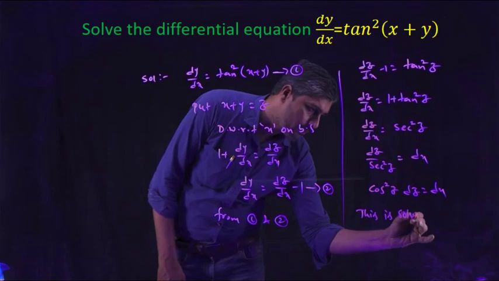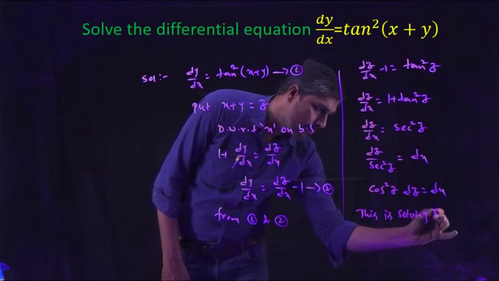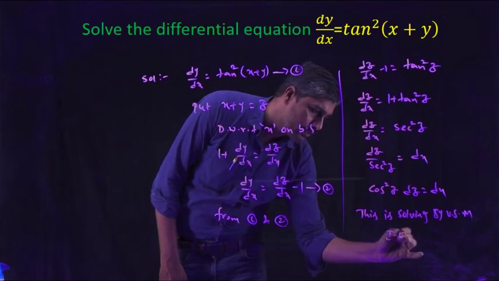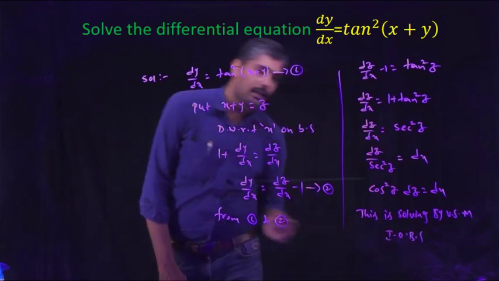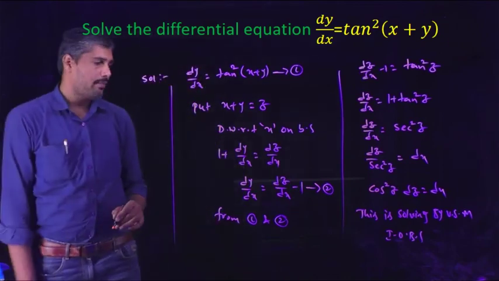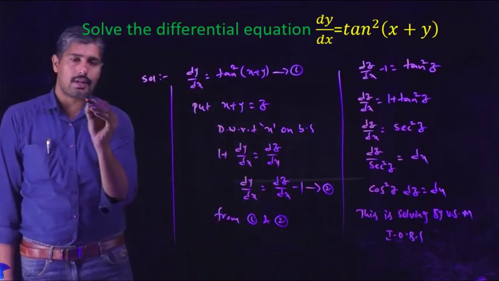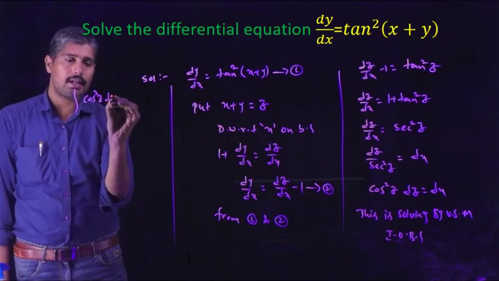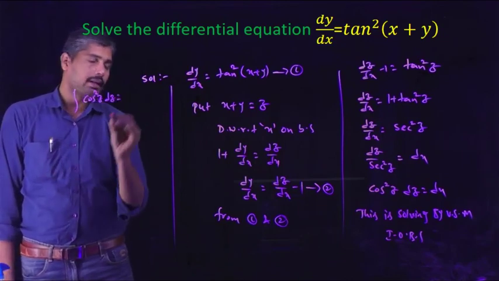This is solved by the variable separable method, then integrating on both sides. Integral cos square z dz equal to integral dx.